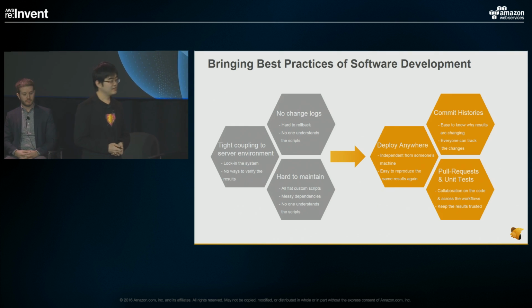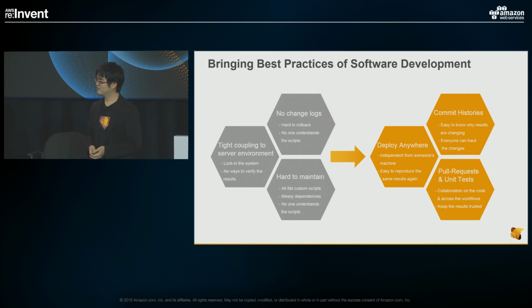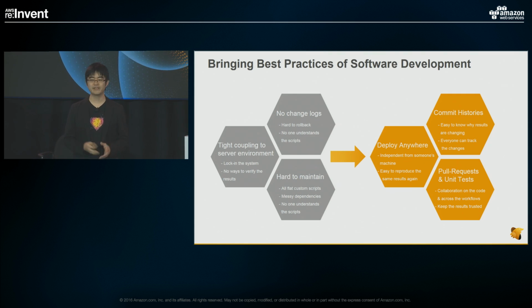One is that whenever we create a workflow and change it, the result of the workflow will change, of course. However, because there were no change logs of the workflow, we could not track why that happened. So one problem was that one day, a daily report changed.